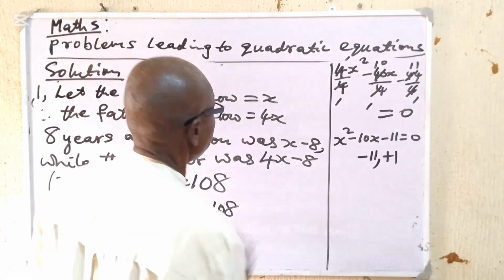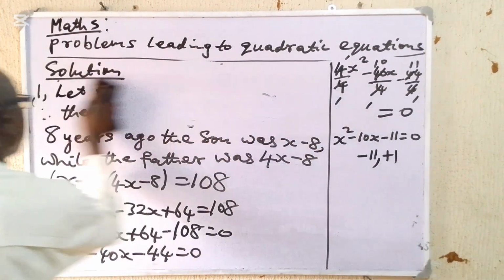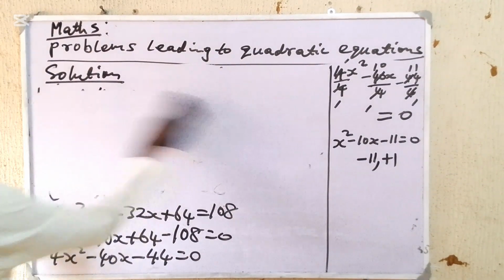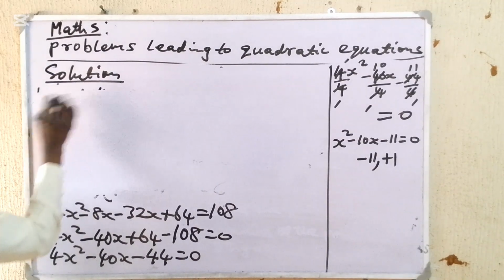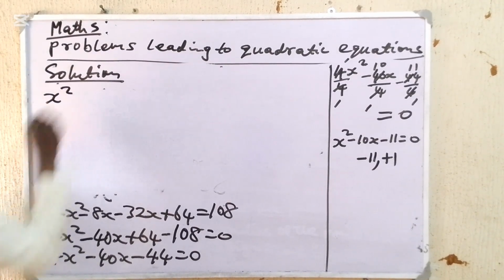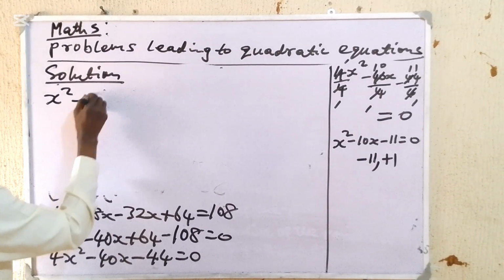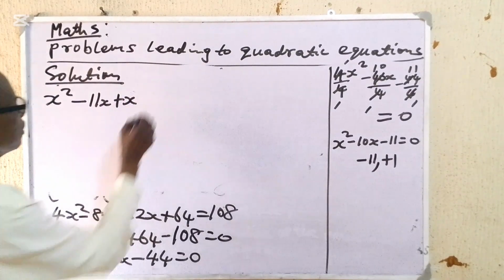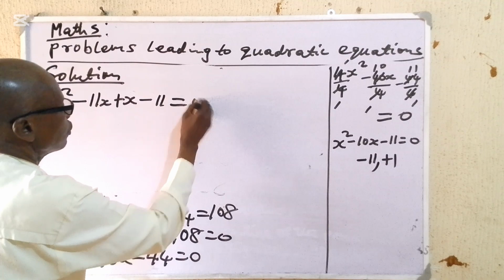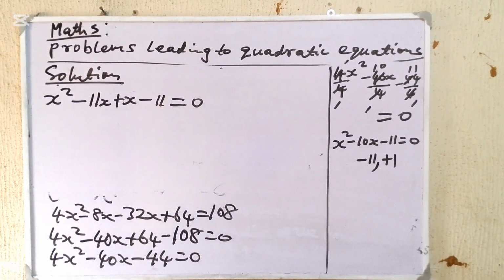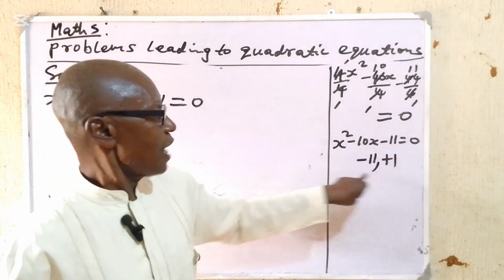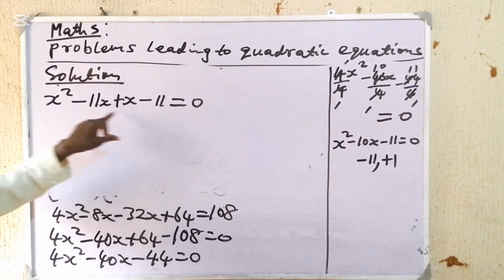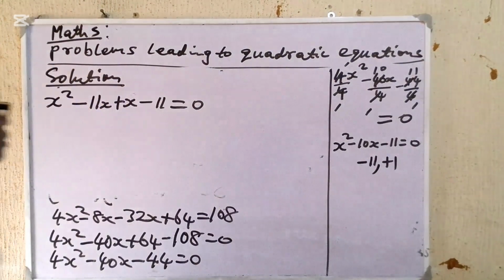And that will be, coming back here, we are now going to have x squared minus 11x plus x minus 11 equal to 0. Remember that I said that these values are the coefficients of x. And if you check, you discover that this and this will give us this.